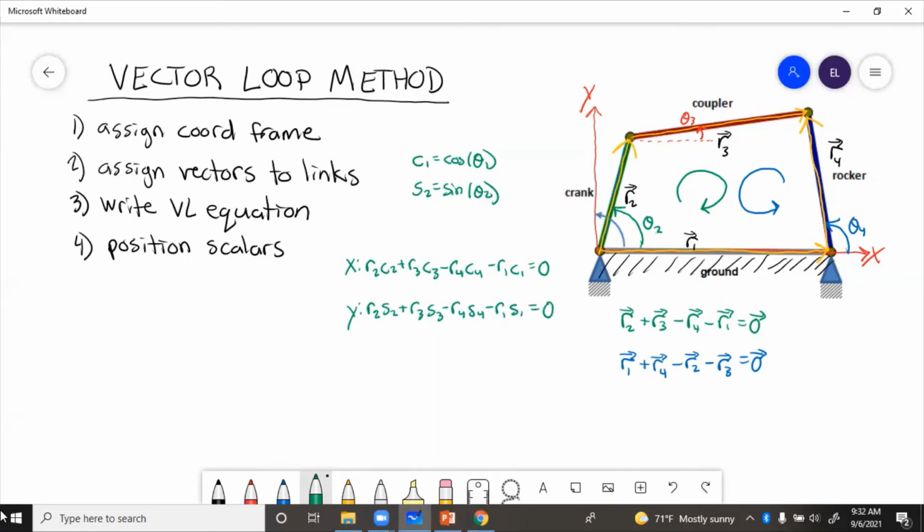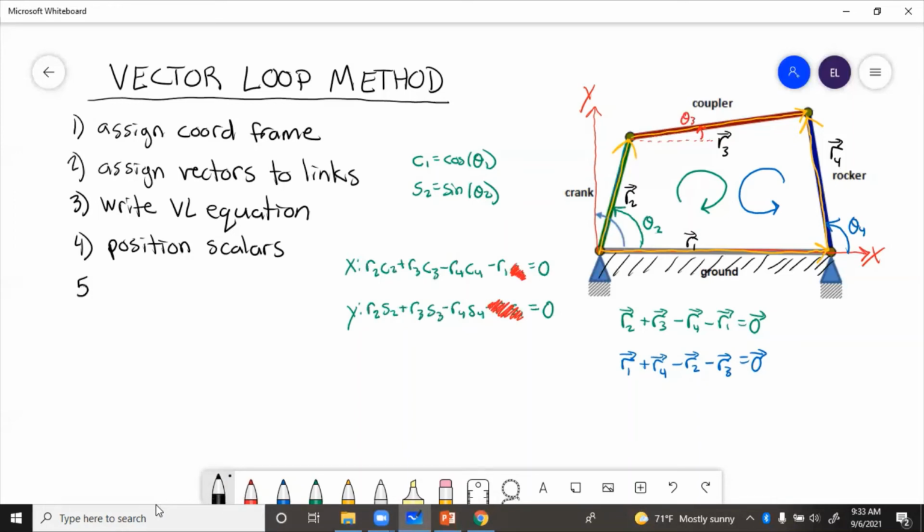And now looking at this, we can actually simplify it some. So R1 is along the ground, so theta 1 is just 0. Well, cosine of 0 is 1, and sine of 0 is 0. So we can do some simplification here. If sine of 0 is 0, then this term goes away. And if cosine of theta is 1, then you just have the minus R1 there.